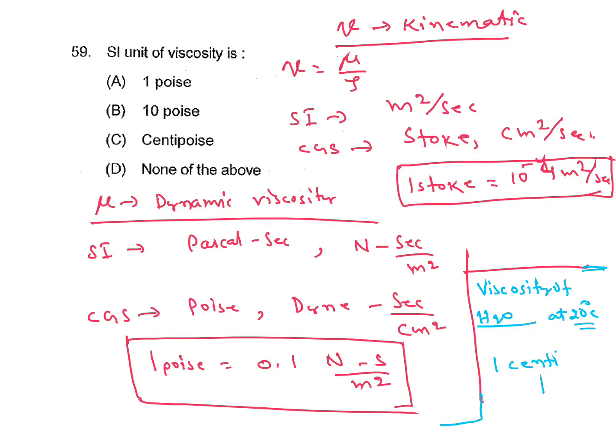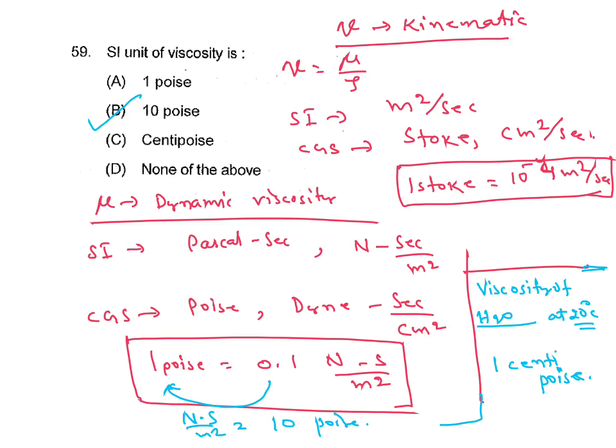This is very important. So in this question, SI unit of viscosity they asked. SI unit is Pascal into second or Newton into second per meter square. So if you change this one, Newton into second per meter square is 10 poise. So B is our answer.